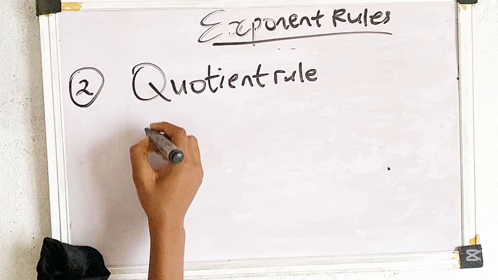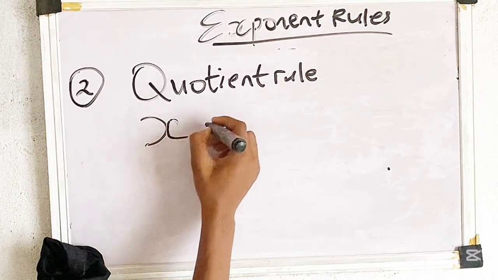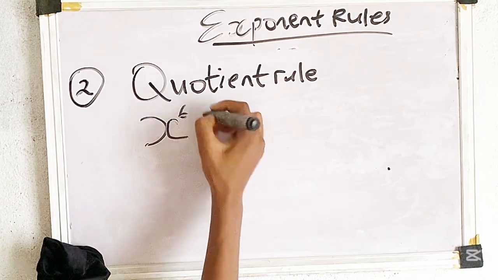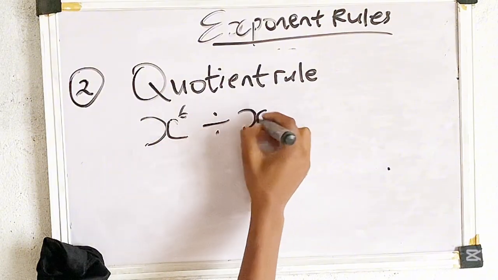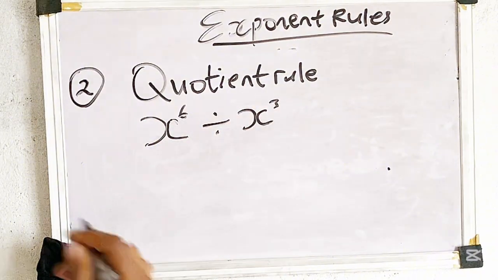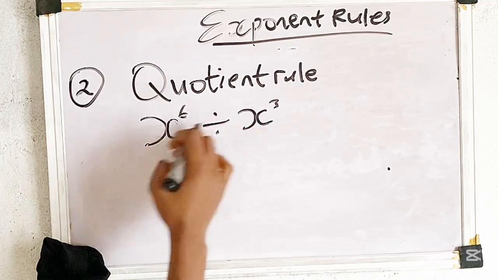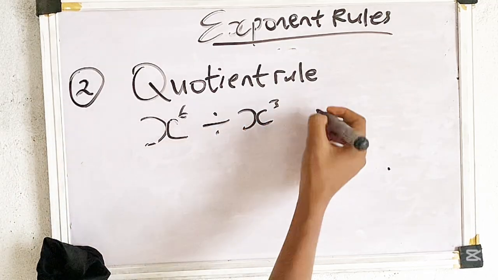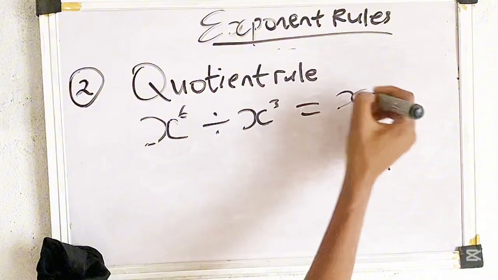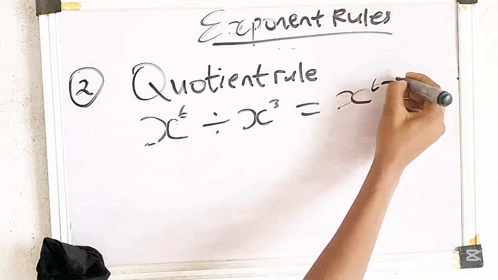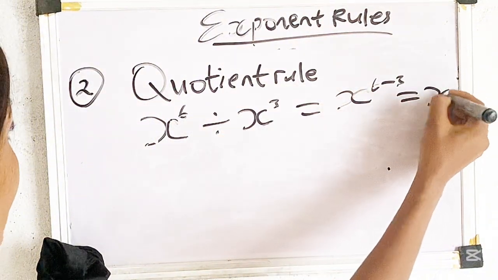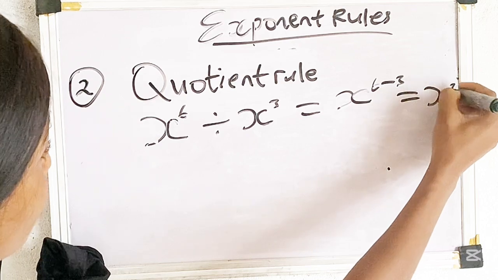For example, we are about to divide x raised to the power of 6 by x raised to the power of 3. When dividing same bases, you subtract the exponents. Here it becomes x raised to the power of 3.